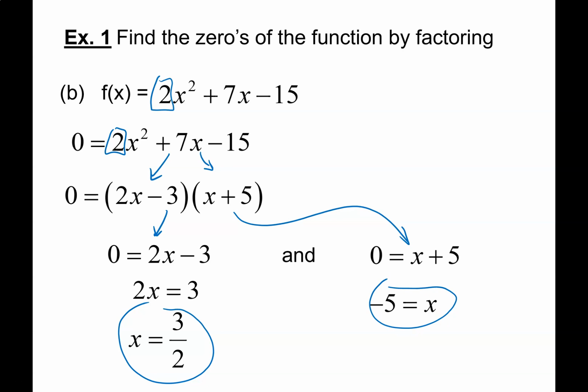And I say, well, what does this mean? Well, basically what it means is this. When you find the zeros, the x-intercepts, the roots, when I say that I have a zero at x equals -5, what that means is that at the point (-5, 0), and also at the point (3/2, 0), which is like 1.5, my graph will cross those points.